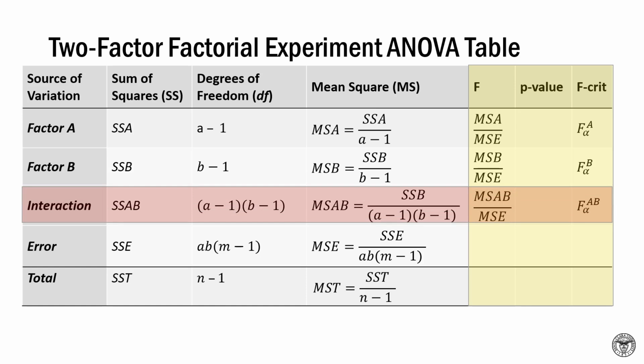Due to the interaction effect, there are three F statistics. The ANOVA table is utilized to test the null hypothesis that there are no significant main effects or interactions between the two factors.